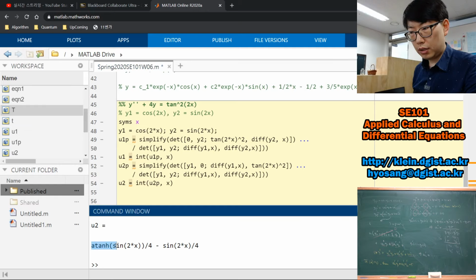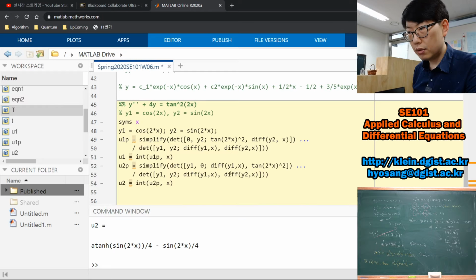So you have u2, which is given by arctangent of hyperbolic tangent of something. Y1. Nothing wrong here, right? So we have u2 prime equals to.